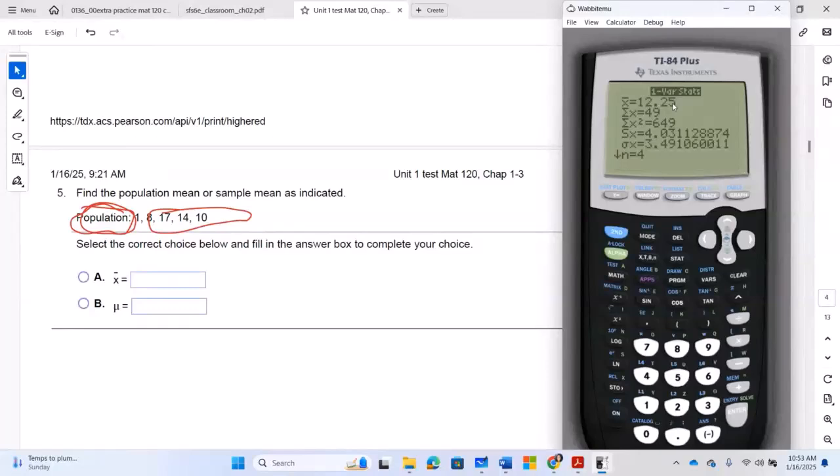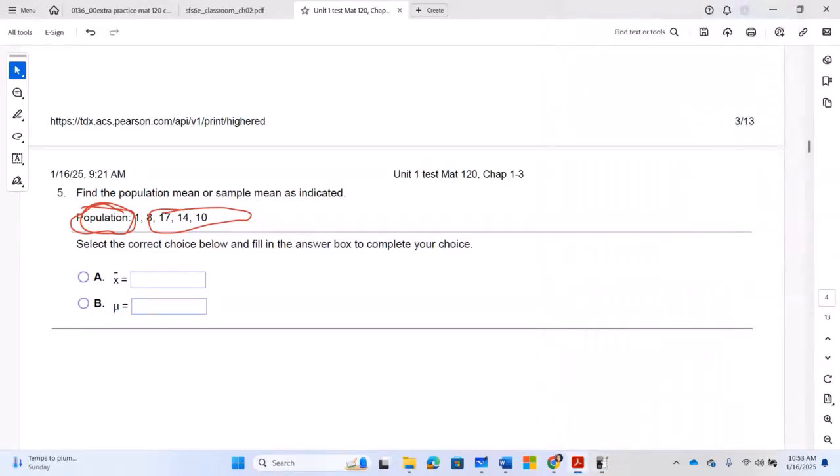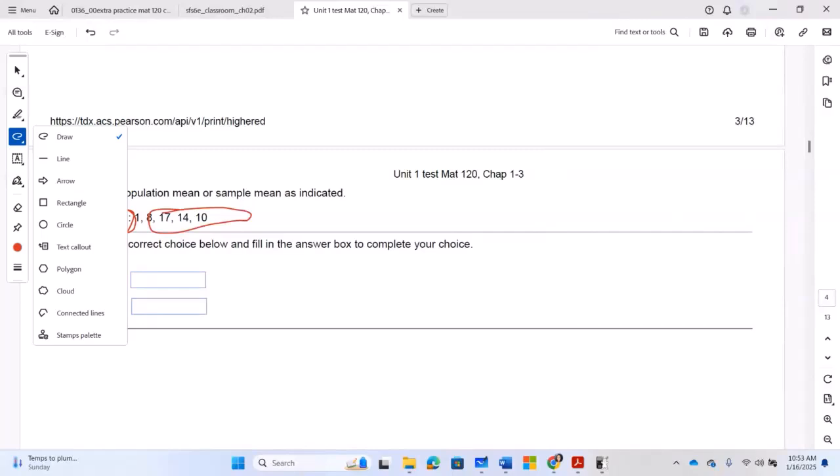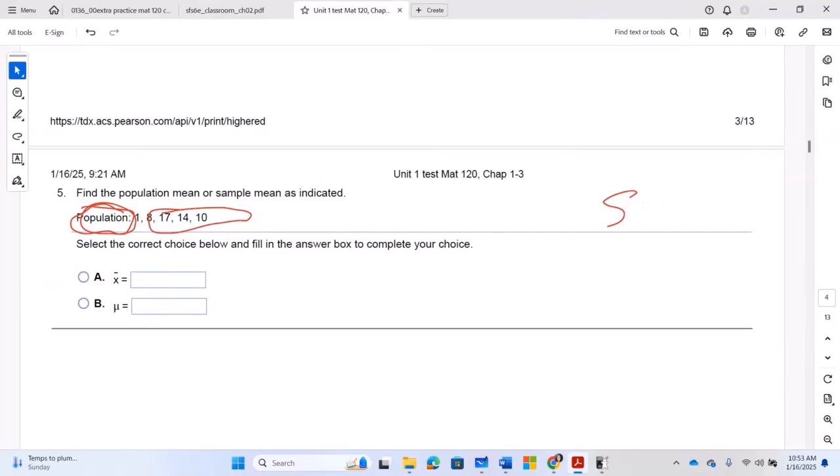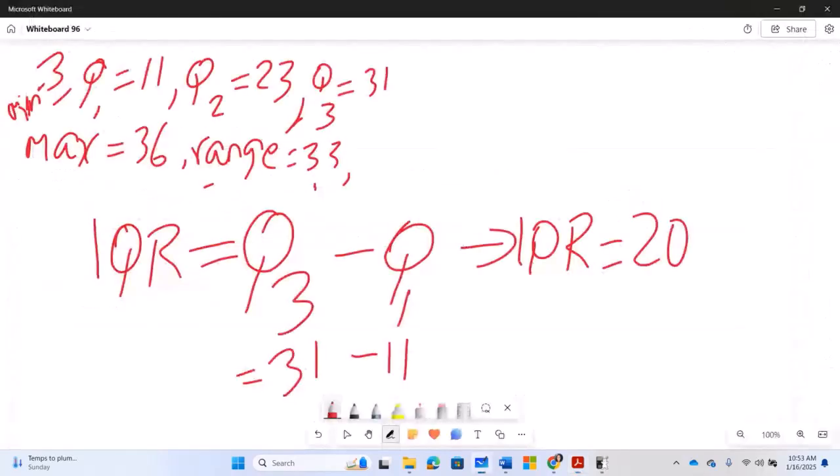The difference between sample mean and population mean is that sample mean is X bar. I'm going to clear and make sure I explain this so everybody gets it.